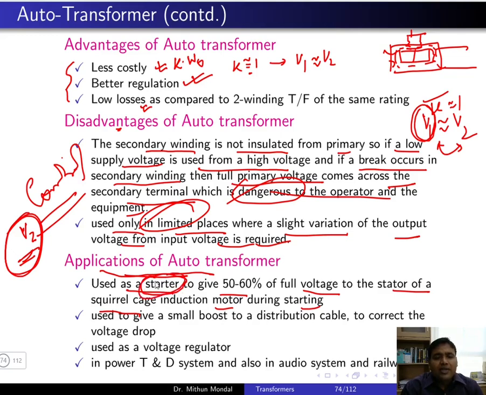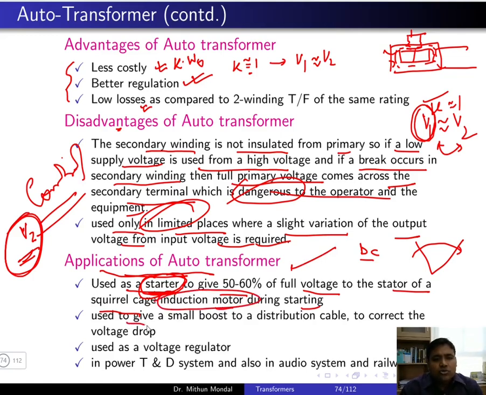If you remember, in DC we were using a starter where we change the resistance, and when we change the resistance, we control the input current. Here in AC applications, in order to control the voltage, we will use an auto transformer. So this is basically in terms of the induction motor.